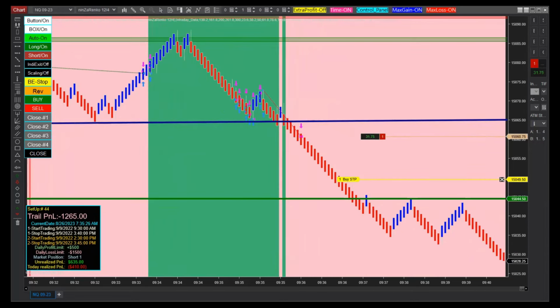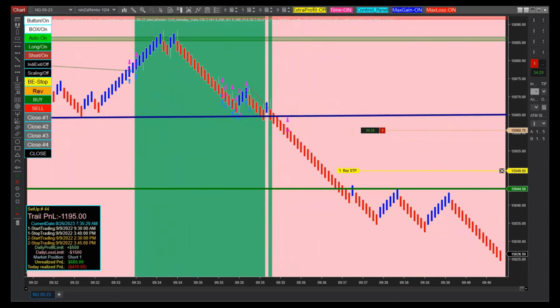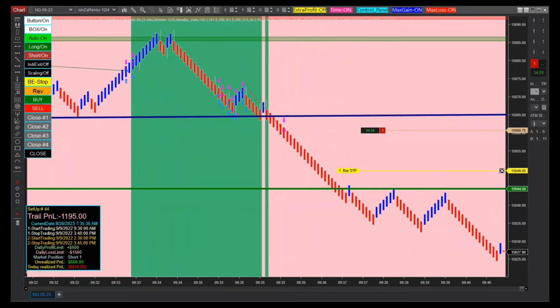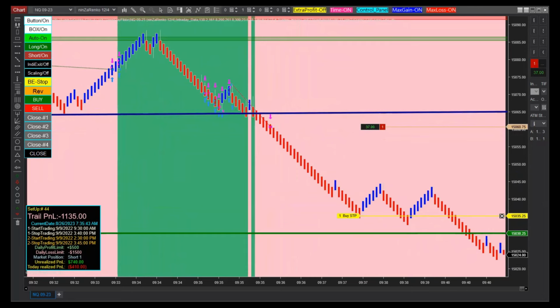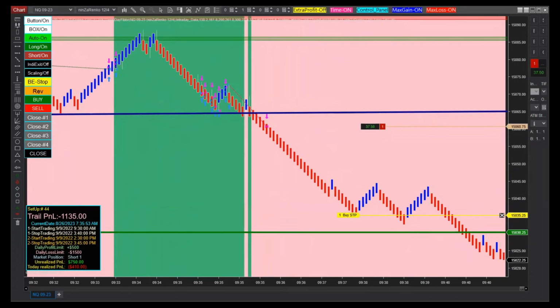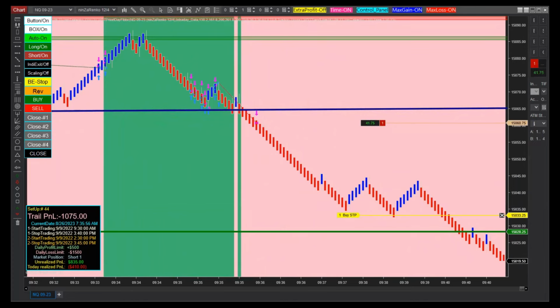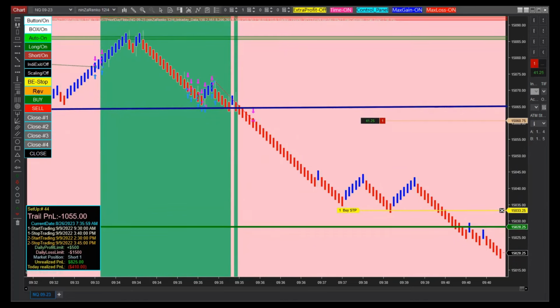So you see how that stop just stays there for now. The strategy stays with the trade, still short, and now it moves. It identifies a new resistance level, and now it moves. Again, locking in more and more profits, but giving the trade enough room to really go.